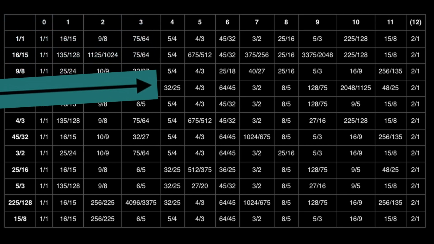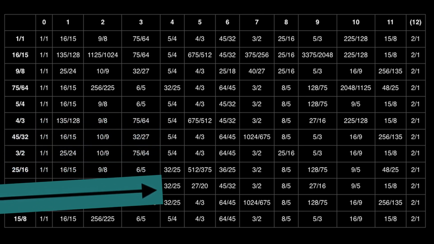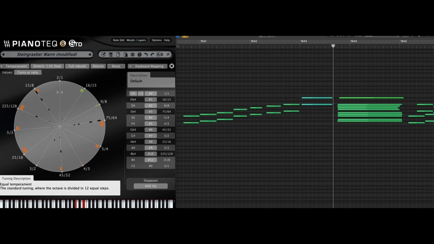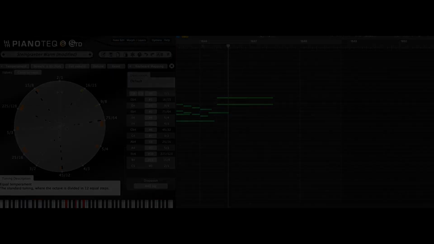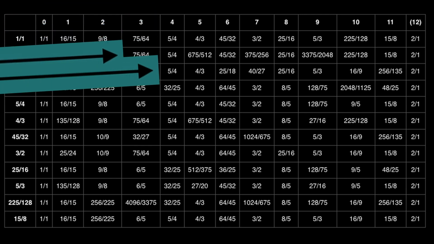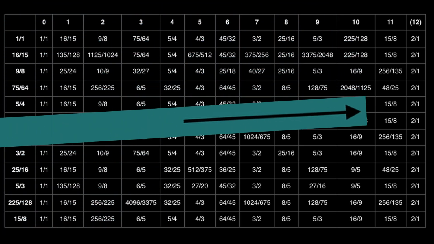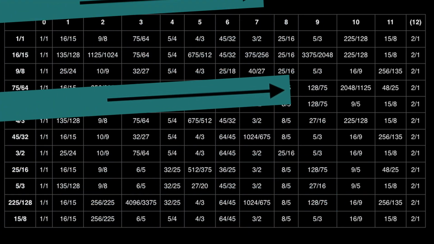We have 8 of them in the scale. And we have 5 minor thirds, 7 major sevenths, 3 minor sevenths, 5 major sixths, 8 minor sixths.